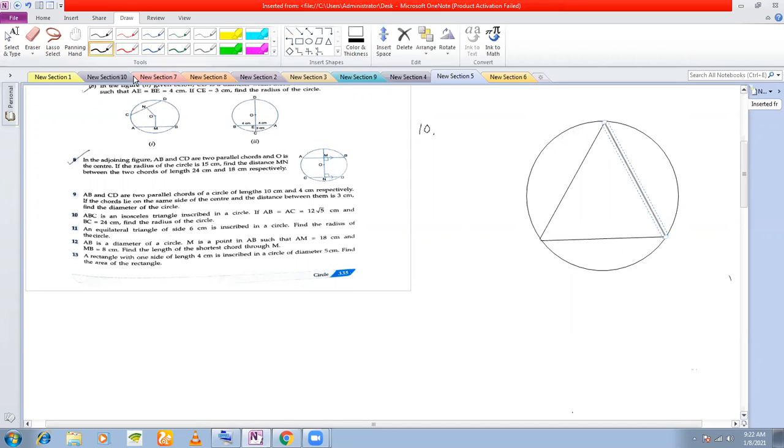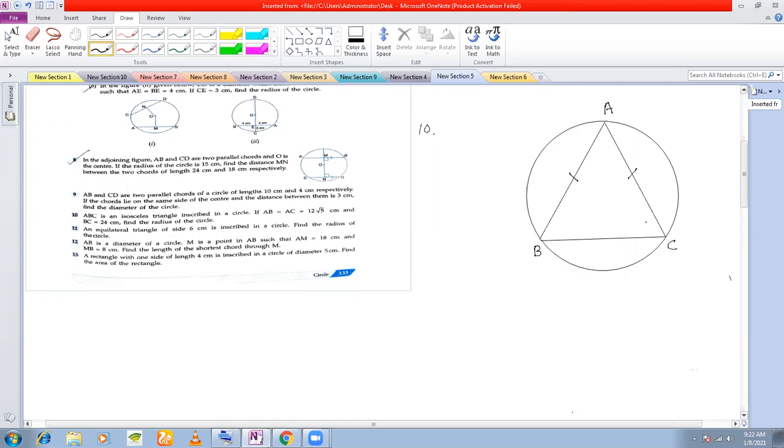This is your triangle, ABC, inscribed in a circle. And this triangle is given to be isosceles, so I can safely take these two sides to be equal. In fact, you can take any two sides to be equal. Okay, so let us take AB and AC to be equal.